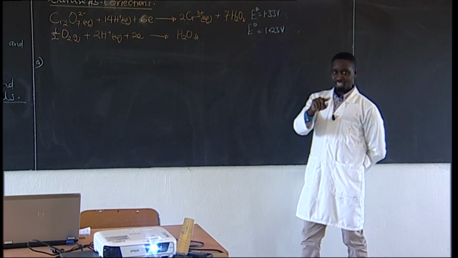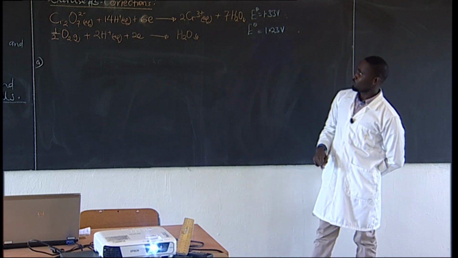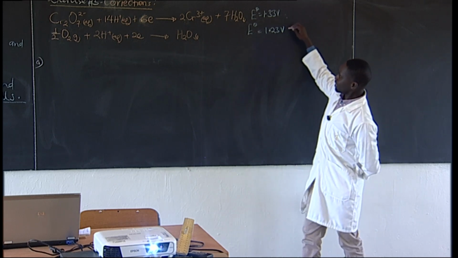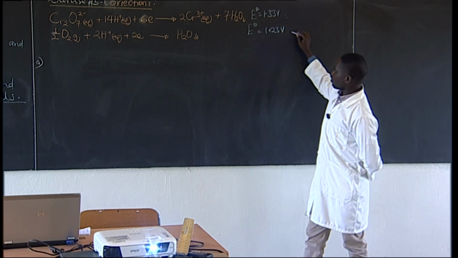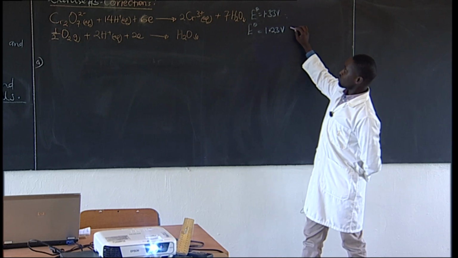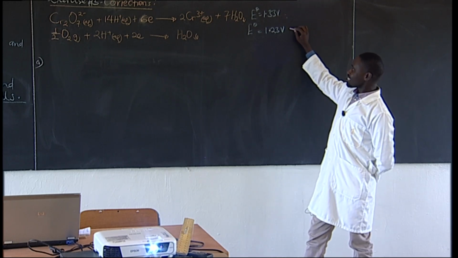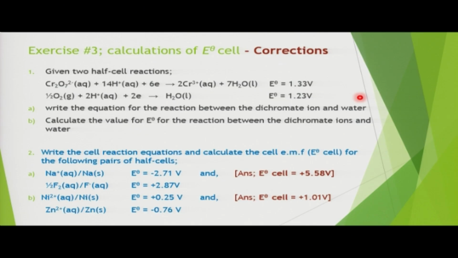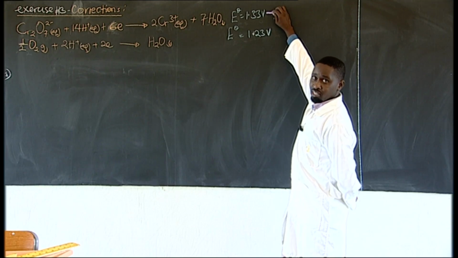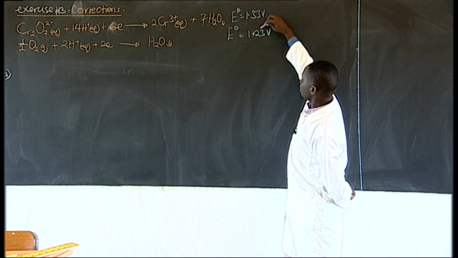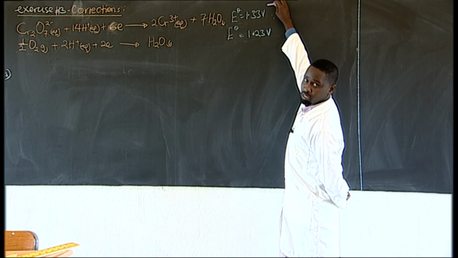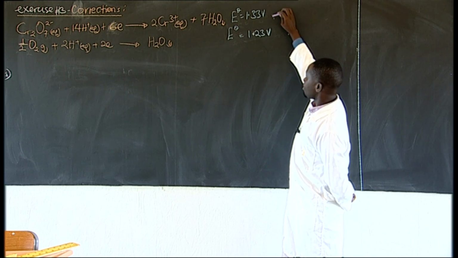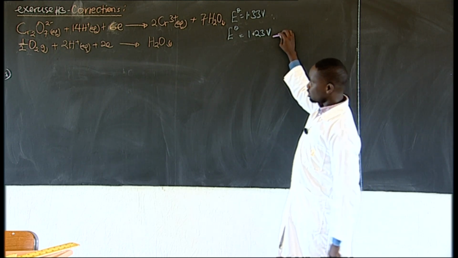Okay, now check it on your paper. We expect this reaction to undergo oxidation because it is less positive compared to this. The principle here is the more positive becomes reduction and the less positive becomes oxidation.